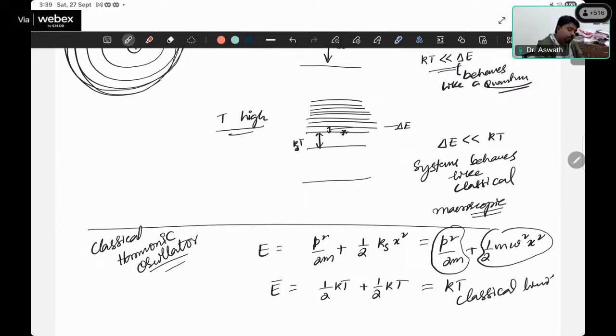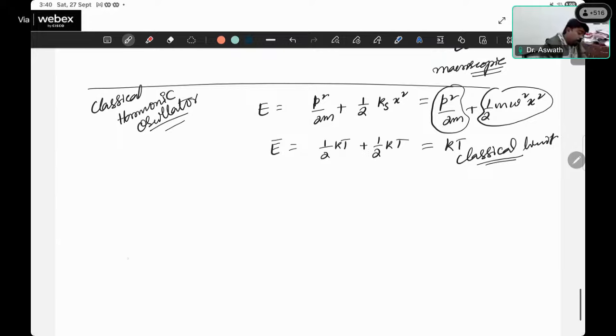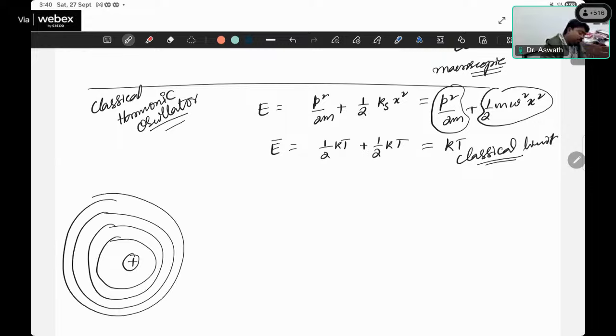So this is the classical limit for you. Now, what is the quantum limit? The quantum limit means the electron being confined to discrete orbits, starting from n equal to 0, n equal to 1, n equal to 2, n equal to 3, and so on. So you can use the quantum harmonic oscillator expression, where the energies come from the Hamiltonian.